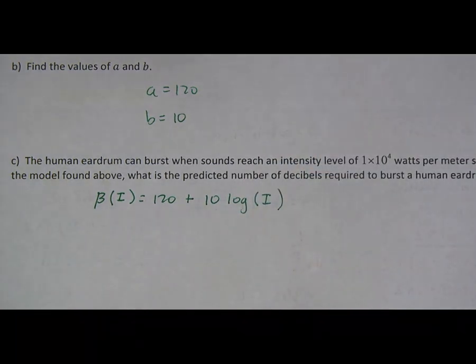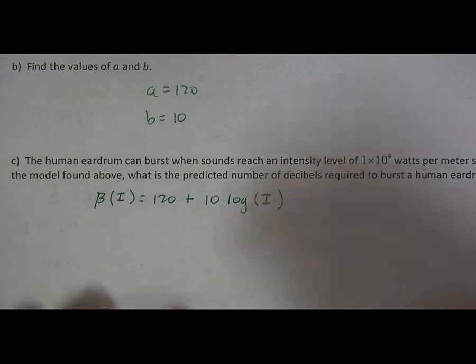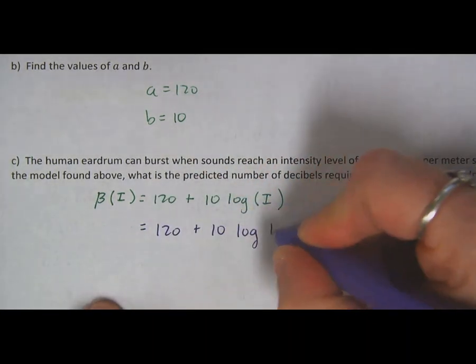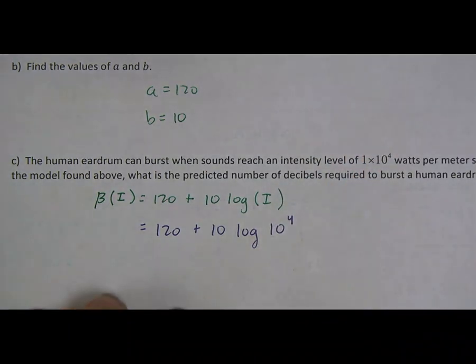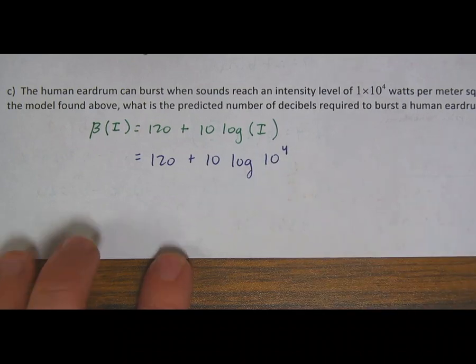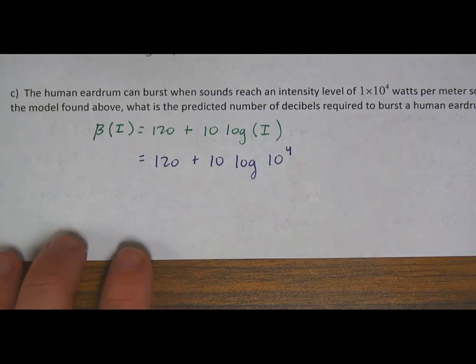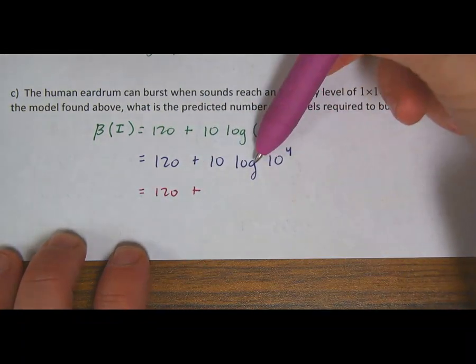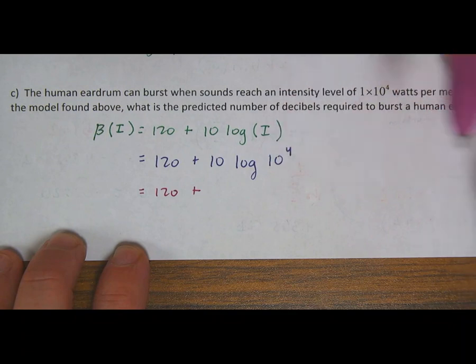I figured out what A and B were. I plopped them back into the equation. Now I can answer this question. How many decibels are required to burst an eardrum? And that's 10 to the fourth on the intensity level. So I'm plugging in 10 to the fourth for I. What's log base 10 of 10 to the fourth? 4.